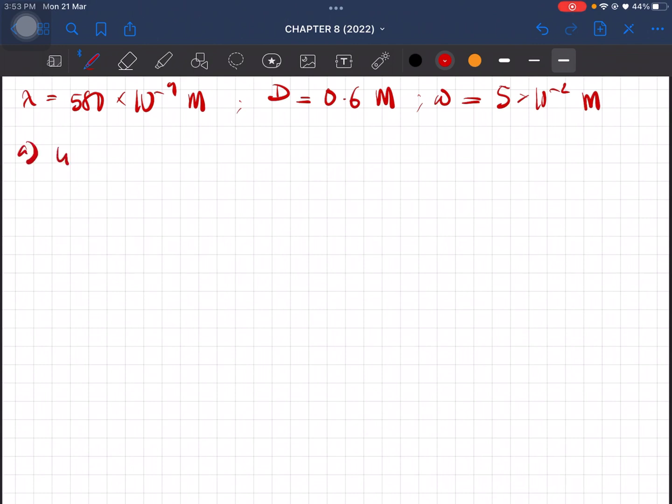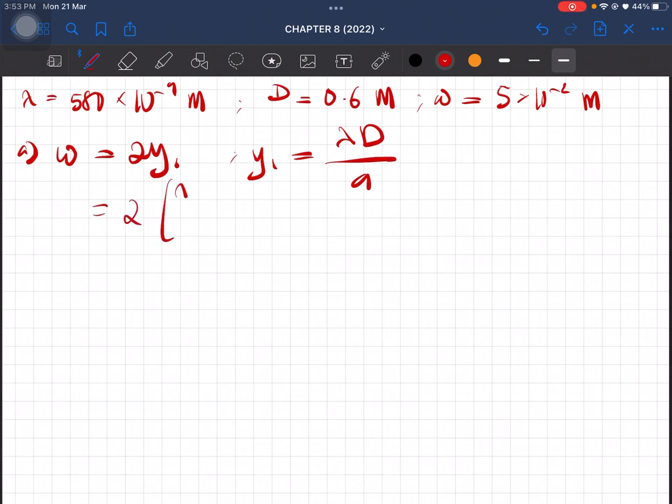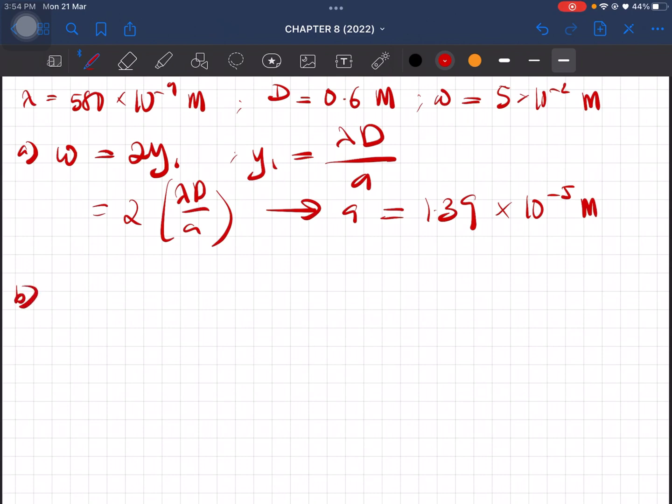Okay, so the width of the slit is given as 2y1, where y1 is given as lambda d over a. So substitute that. Okay, so from here you will get the width of the slit to be equal to 1.39 times 10 negative 5 meter. Okay, and then question B, we have to calculate the angular width of the central maximum fringe.